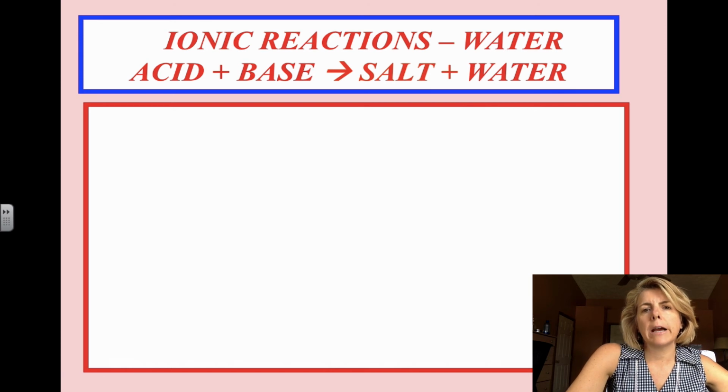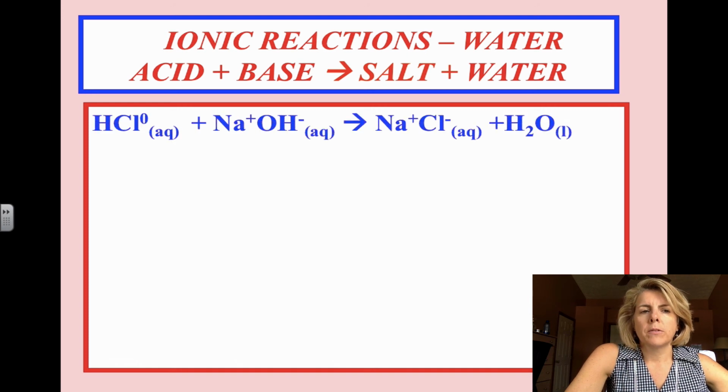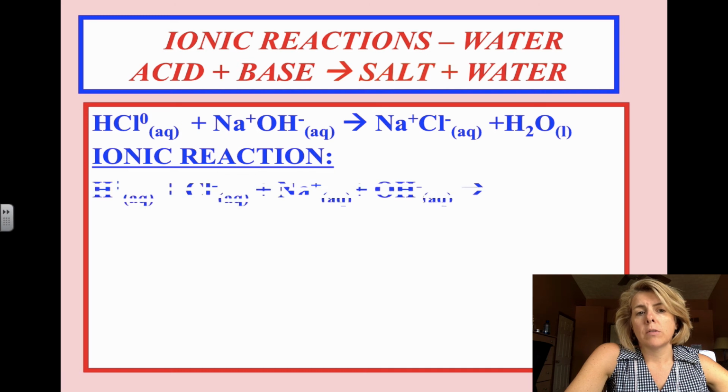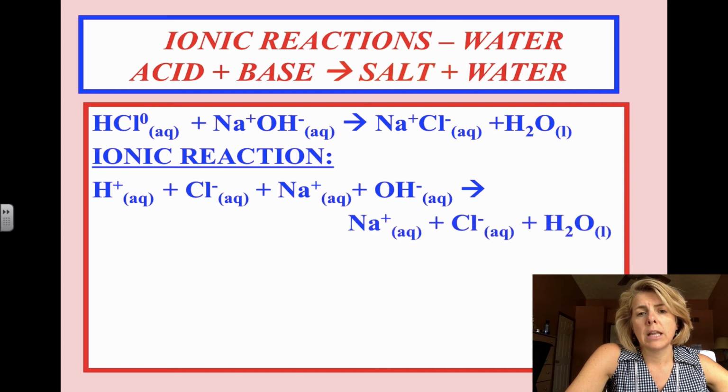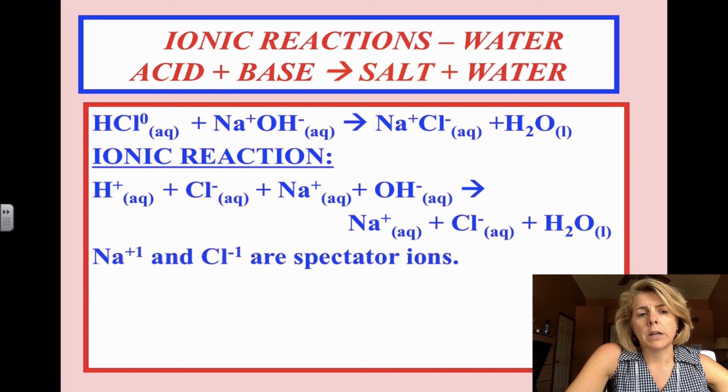Okay, so we could have ionic reactions where we're taking an acid and a base and forming salt and water. Here we have hydrochloric acid and we're combining it with a base, which is sodium hydroxide. That gives us salt and water. So the net ionic reaction is essentially the hydrochloric acid split into ions along with sodium hydroxide, and that gives us salt and water.